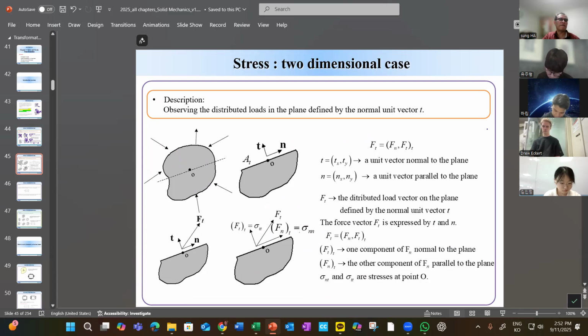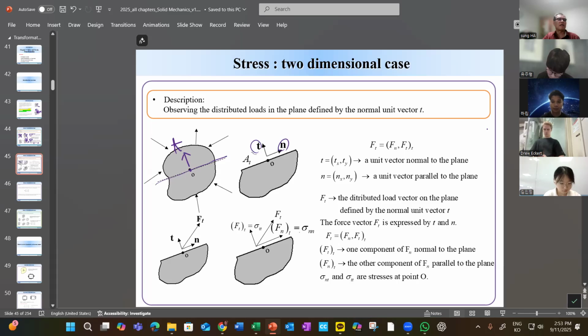There could be another vector, another area. Let's say there is O, and now let's say we cross this point with the t vector, which was defined previously. So this now is a t vector and n vector.